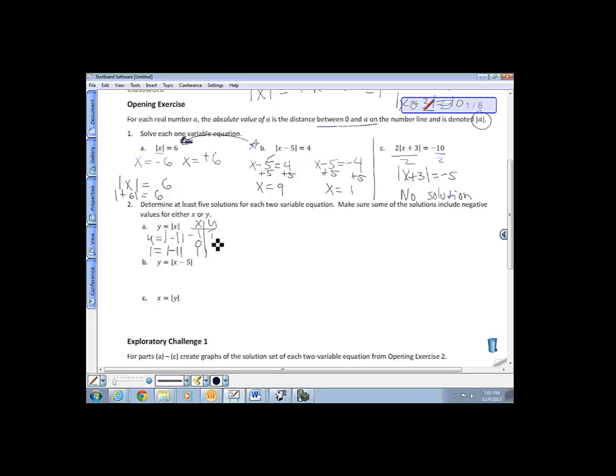So this is 1. Absolute value of 0 is 0. Absolute value of 1 is 1. So there are some values for that. All right, some values for b. We could do, let's just say this, x, y. Let's do -1, 0, 1, 2. Let me think here.